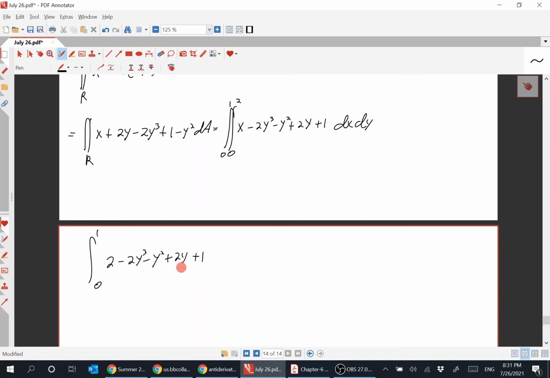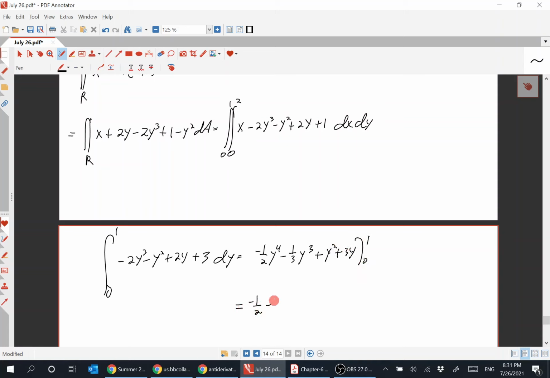So 0 to 1, that just becomes a 3 over here. So we've got, let's see, minus a half y to the fourth minus a third y to the third plus y squared plus 3y from 0 to 1.